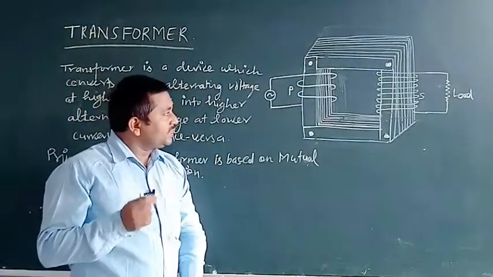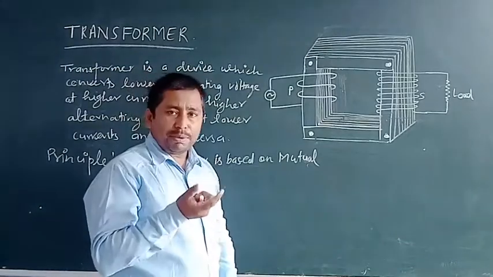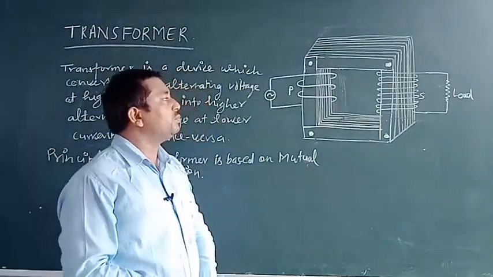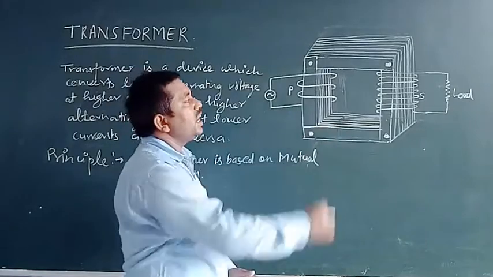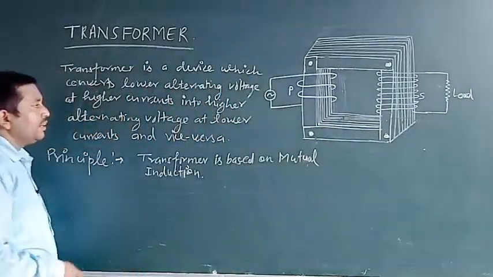Due to the change in the magnetic flux, an induced EMF is produced across the terminal of the coil, so we can obtain a particular voltage across the terminal of the secondary coil. So this is a particular principle.